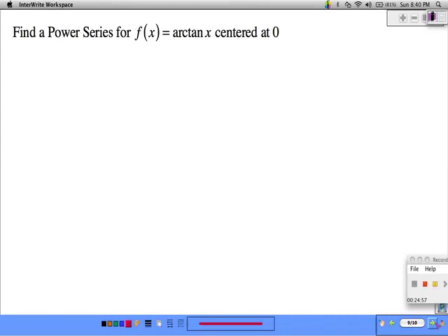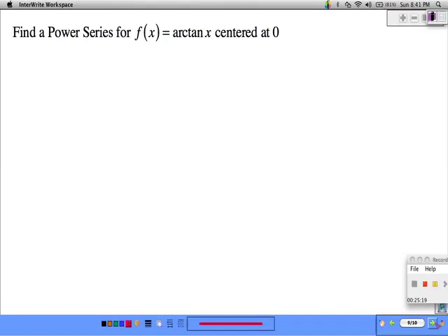The last example involves finding a power series for the arctangent of x. And you should try to do this one on your own. What you're going to need to start with is the idea of knowing 1 over 1 plus x.